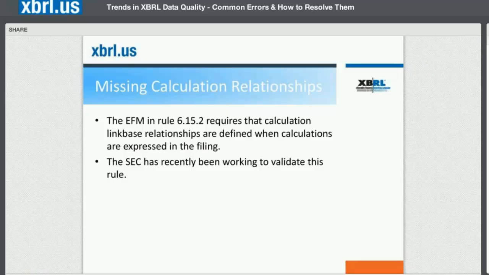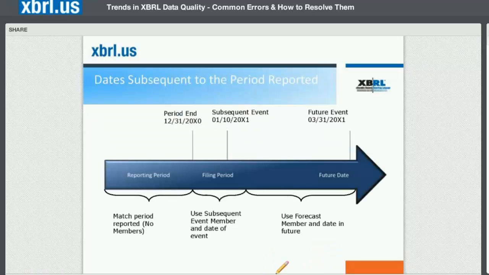So again, logically, if a calculation is applicable, I would provide it. Again, your interpretation of the Edgar Filing Manual is your personal interpretation or that of your service provider. But again, for me, if it's logical, I'm going to do it.